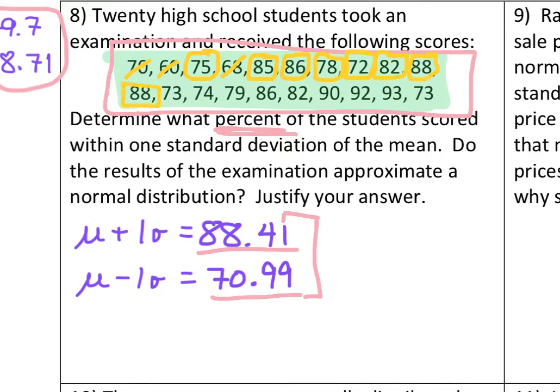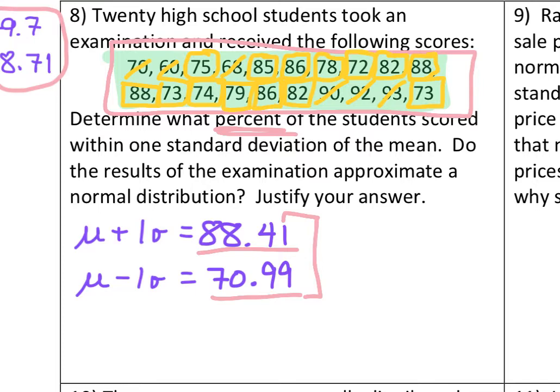And there's another 88. And then 73 does, yes, and 74 does. 79 does, 86 does, 82 does, 90 does not, 92 does not, 93 does not, and 73 does fall in that range.